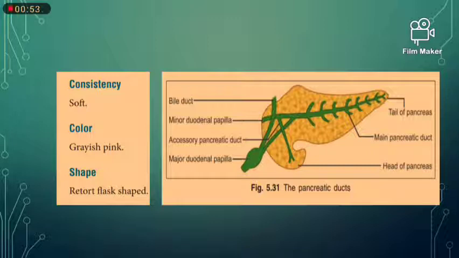Consistency is soft and parenchymatous. Color is grayish pink in a living individual, but in a cadaver it becomes yellowish gray. Shape is retort flask shaped, as you can see in the diagram.